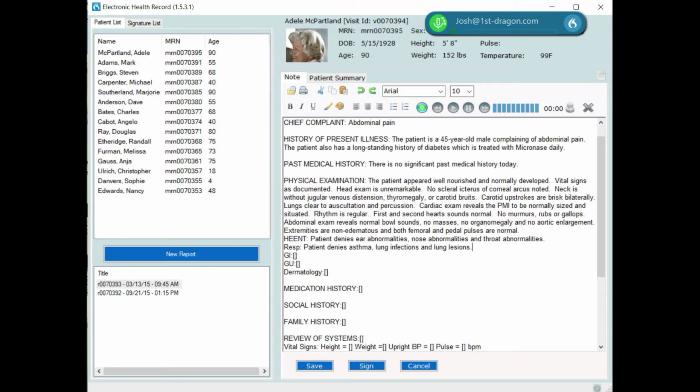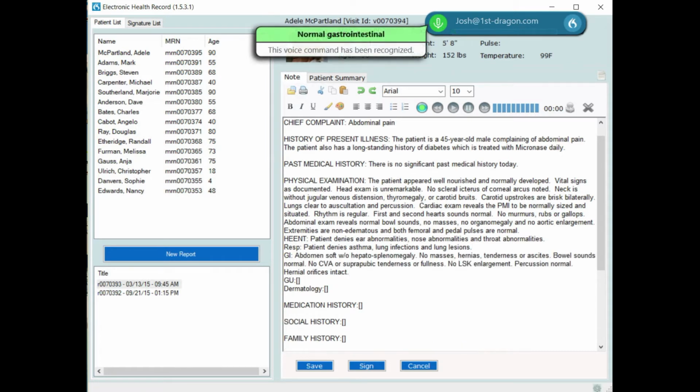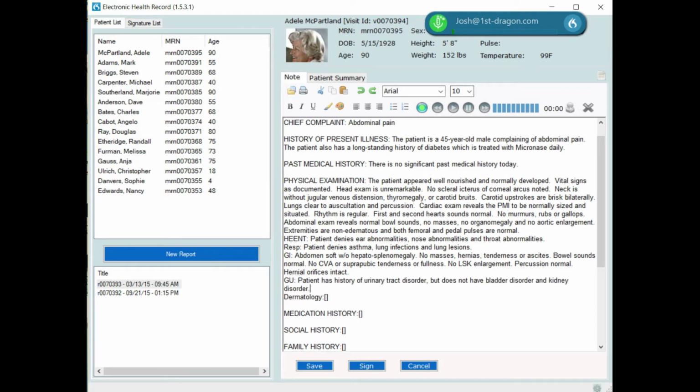Next field. Normal gastrointestinal. Next field. Patient has a history of urinary tract disorder, but does not have bladder disorder and kidney disorder, period. Next field. Patient denies allergic reactions, rashes, and skin lesions, period. Next field.